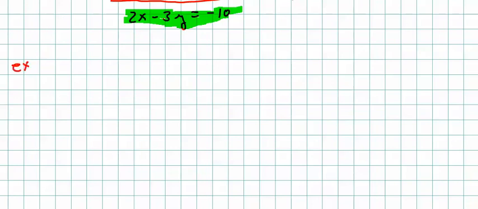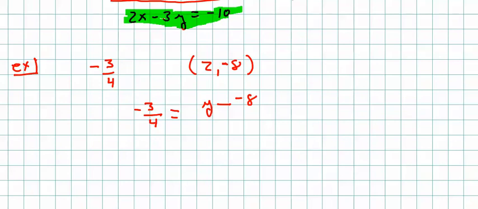So, slope, negative 3/4, and the point, 2, negative 8. All right. My equation then is the slope, negative 3/4, equals y minus negative 8, and that becomes plus a positive 8, over x minus 2.